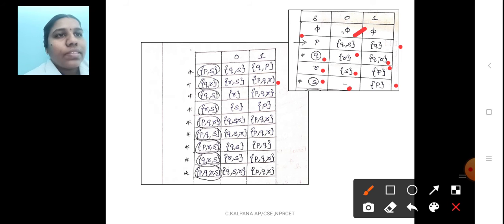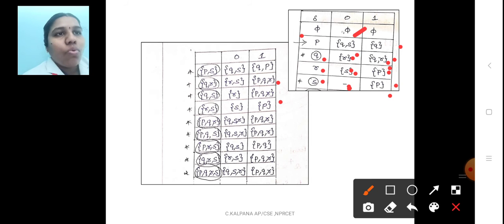You can also write QR, PR, PQR, everything is same. Then for the input RS, only S, and RS for the input 1, only P.